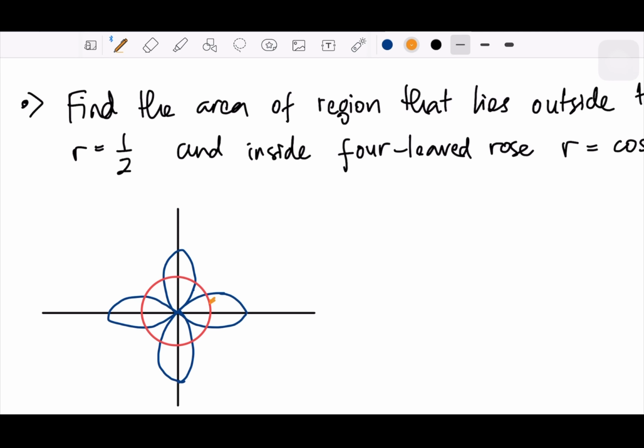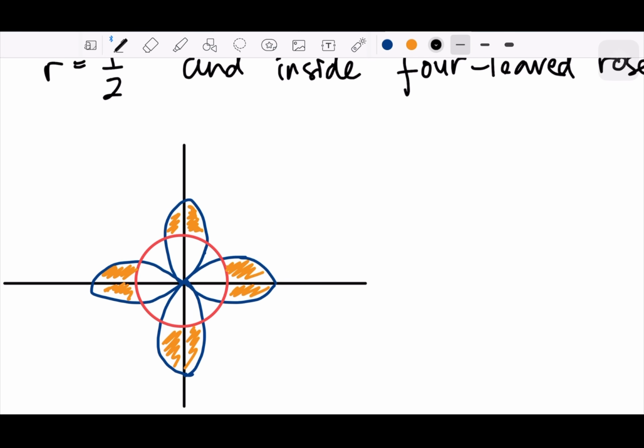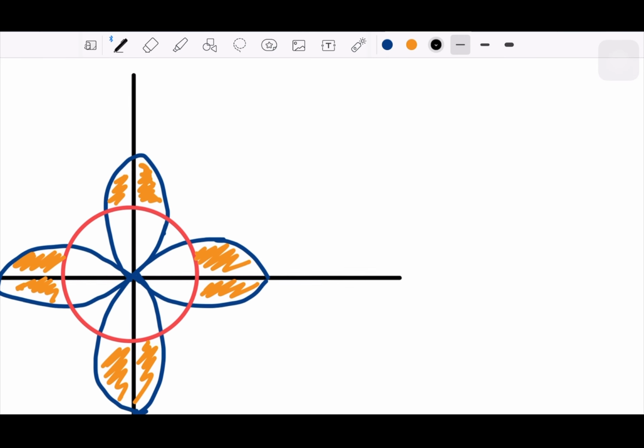So it should be this one, right? The yellow one. Okay, so at least if we know this angle here, we can take the angle from 0 to here and then multiply by 1, 2, 3, 4, 5, 6, 7, 8.